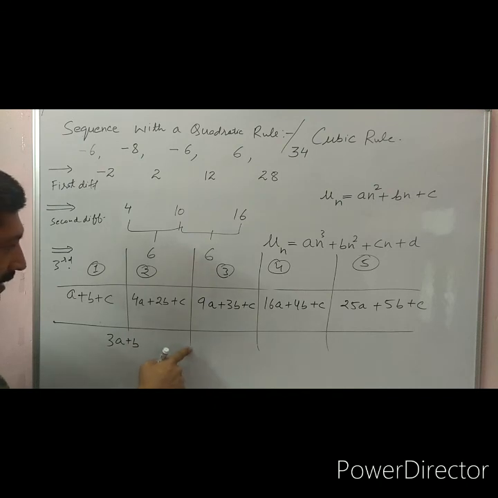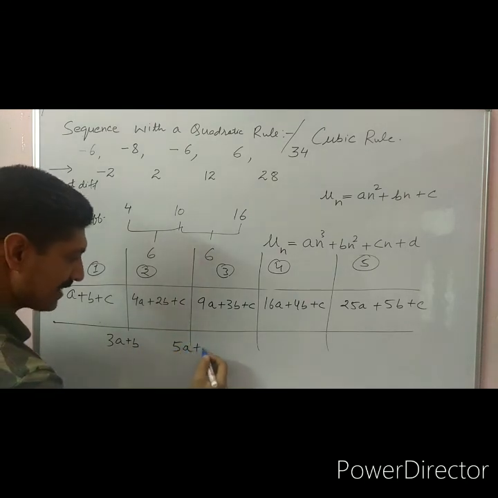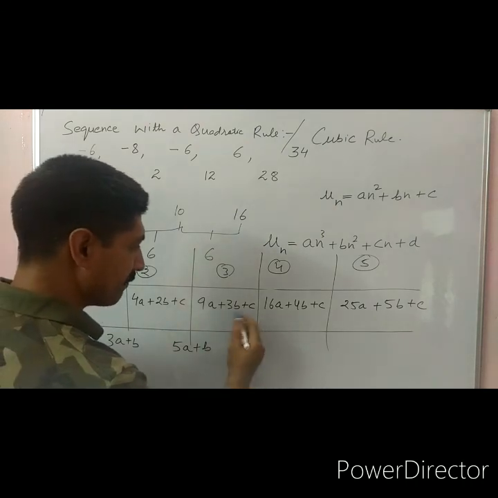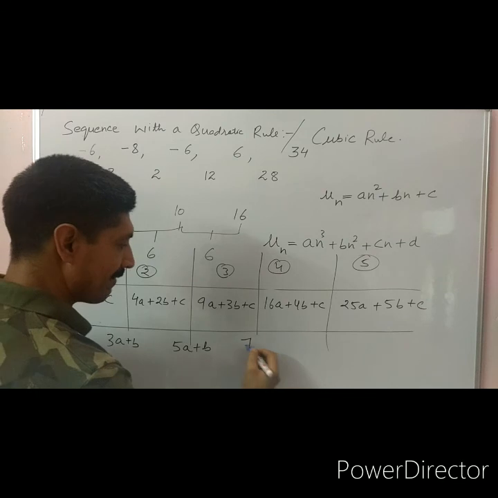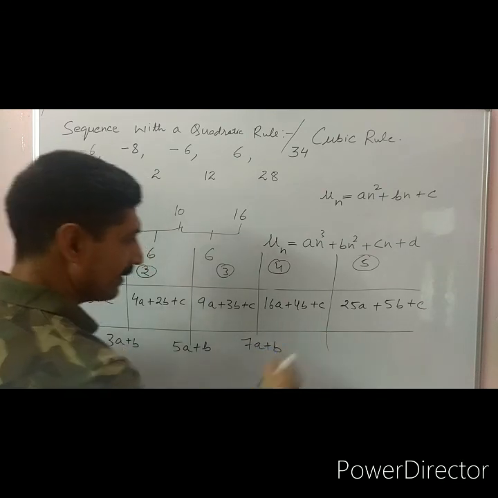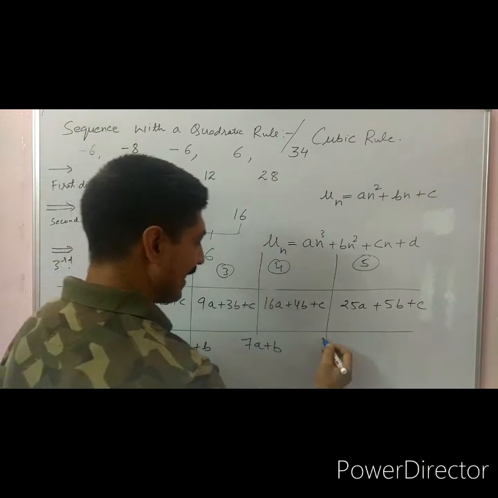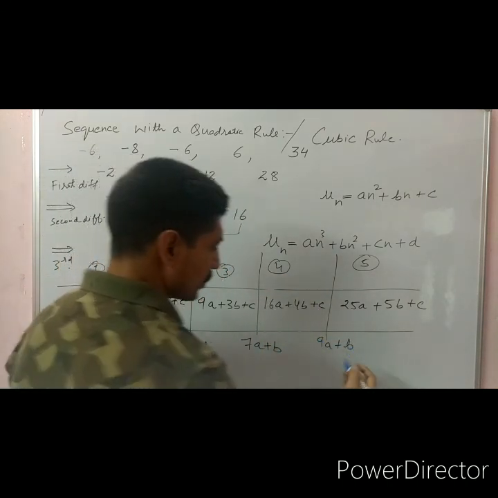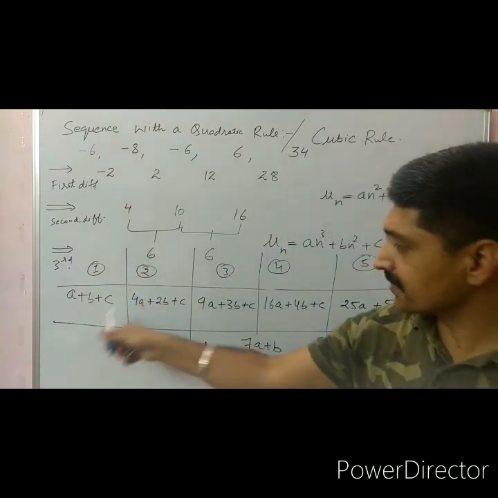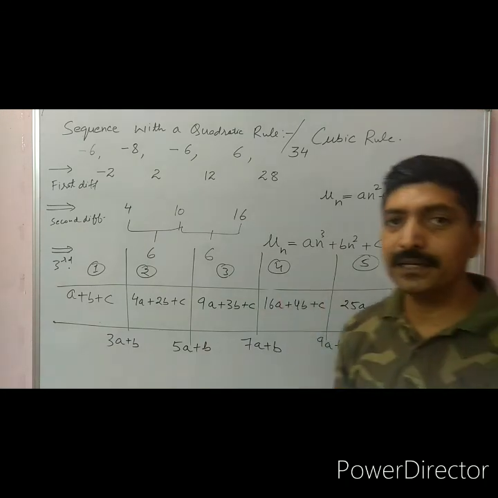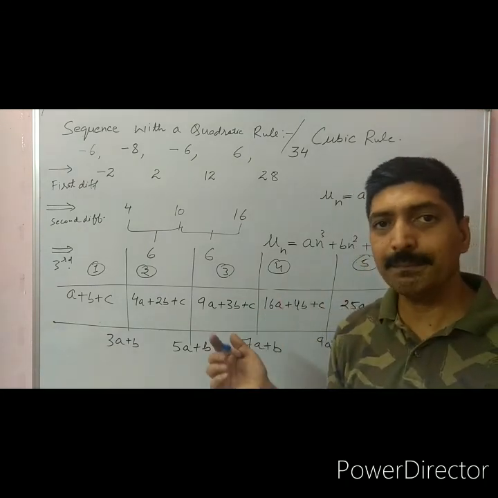The difference of the third and second is 5a plus b. Next, the difference of the fourth and third term is 7a plus b. And the last, the fifth and fourth, the difference is 9a plus b. So the first difference is not equal. If the first difference is equal, then we will apply the linear rule, that is a n plus b.